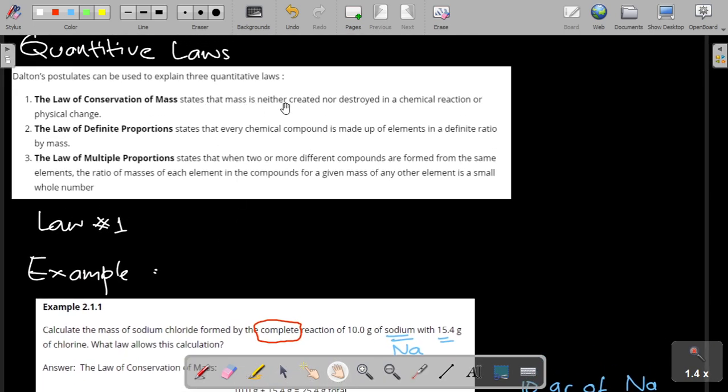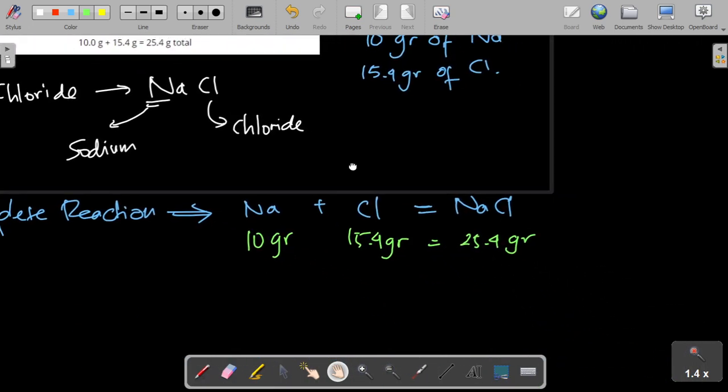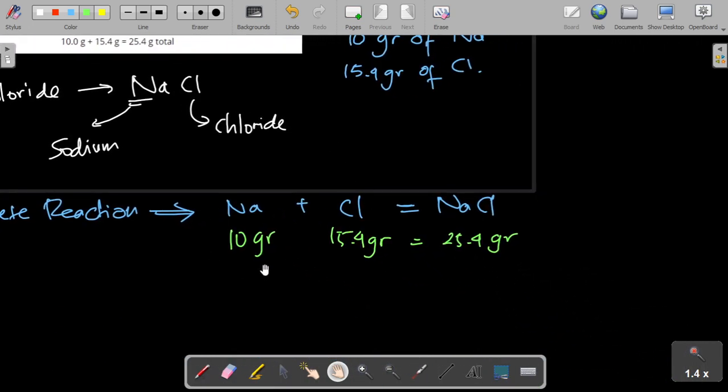So the mass is neither created nor destroyed. The value of mass on the left side is always equal to the right side. So we cannot add more. I mean, let's say this is 10 and this is 50.4, then we get 30.